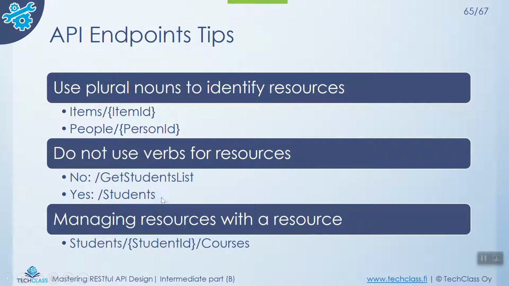So it's much nicer to follow REST patterns. If you remember, SOAP was like this kind of functions being called. And it would be nice to also manage these resources with a resource. So the students enrolled in some courses, that would be a nice endpoint for that purpose.